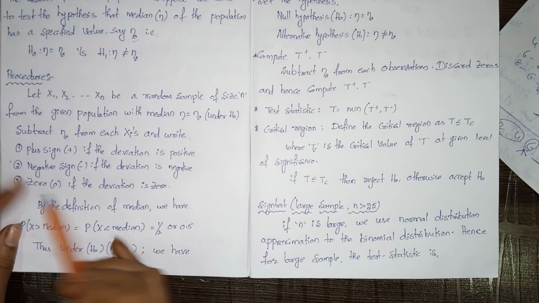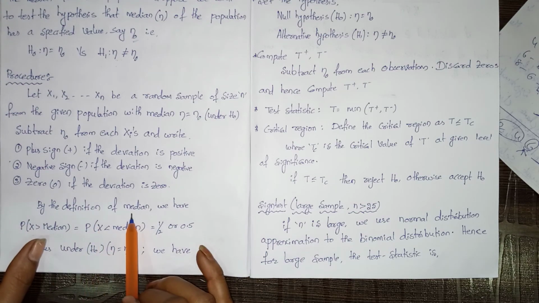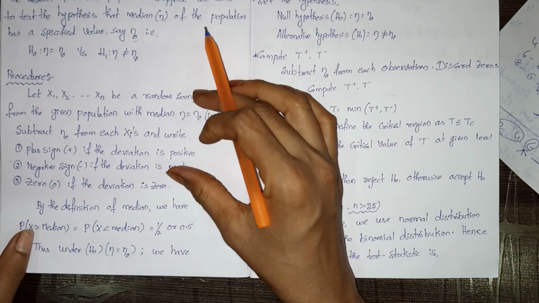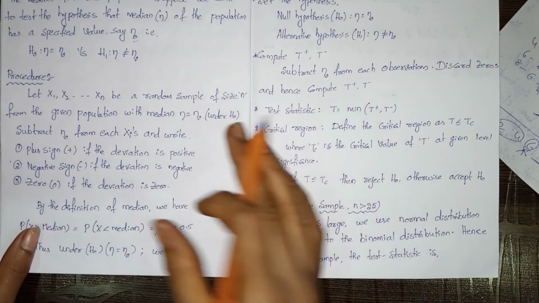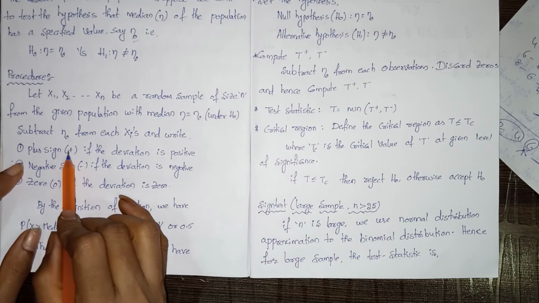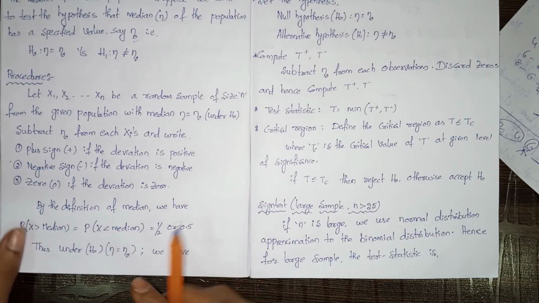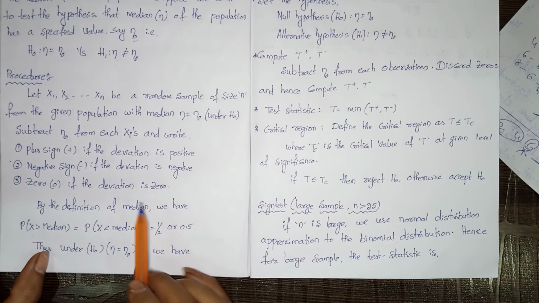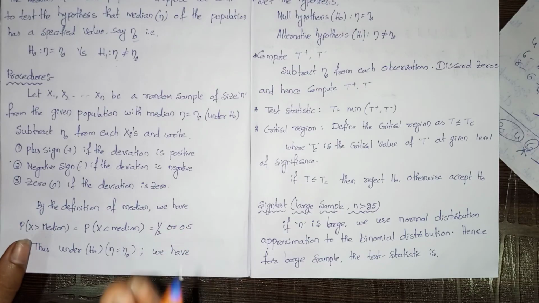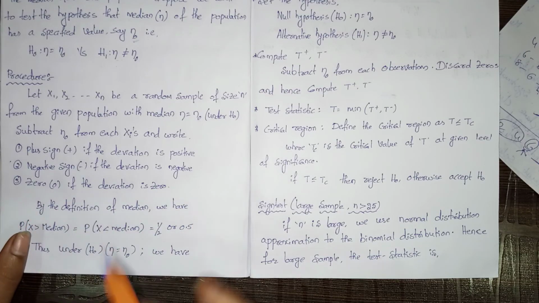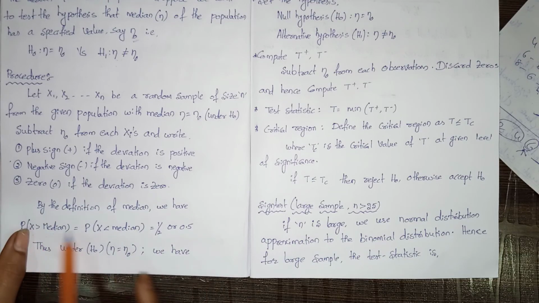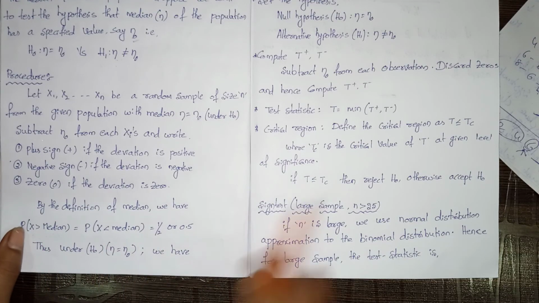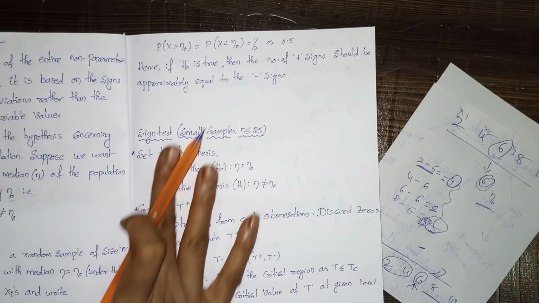If it is 0, we write 0. According to the definition of median, we take the median value, and observations will be subtracted from the median. According to that only we can say whether it is plus or minus. The median definition is that some values will be less than the median value and some values will be greater than the median value. So that's why we have written greater than, less than equals 1 by 2. So this is the actual procedure.